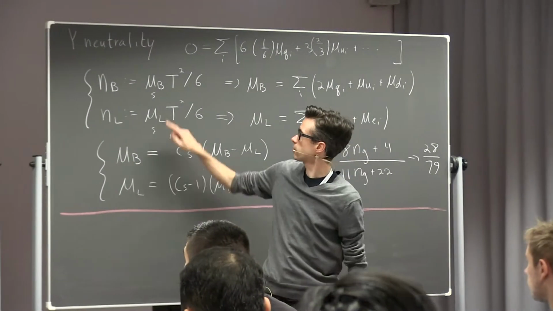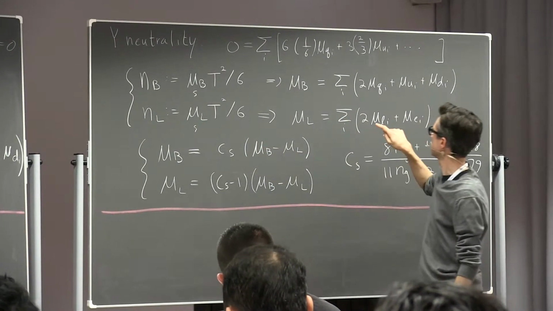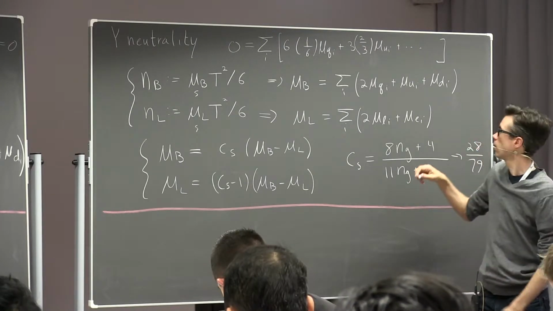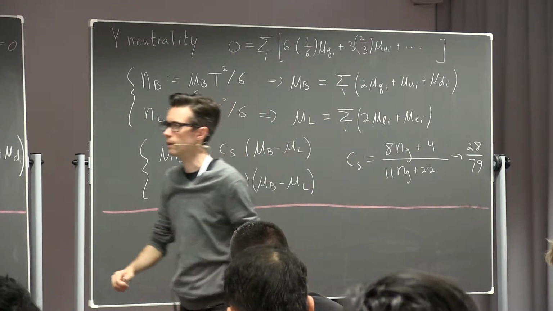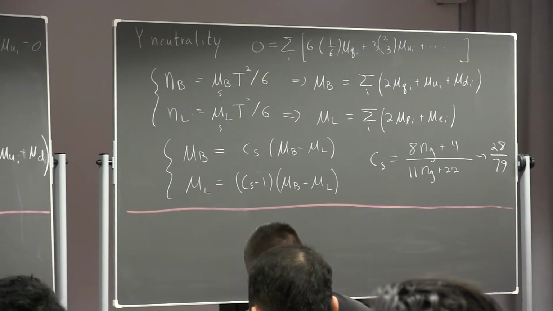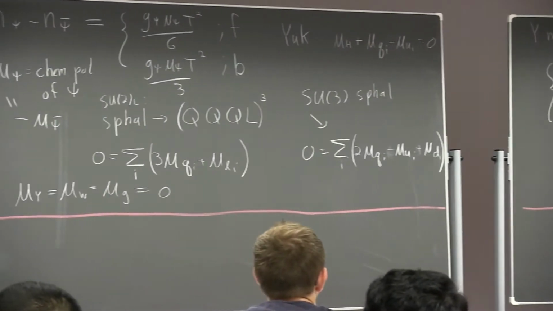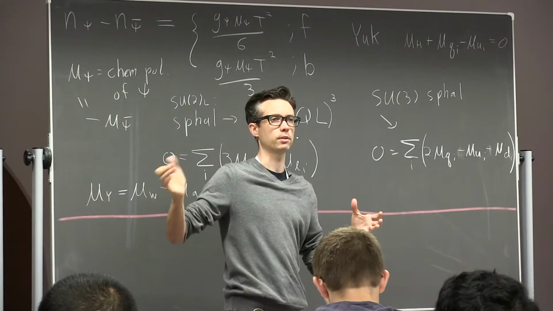So this expression should be seen as a definition of mu_B and mu_L. And if I relate the number densities and then convert to chemical potentials, I get these relations. Incidentally, the reason why chemical potentials are useful in place of number densities is that the number density of a particle depends on how many copies of it there are.